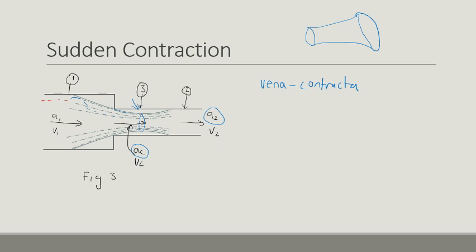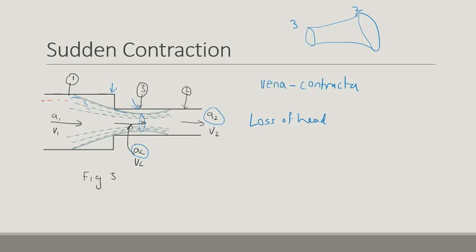Using the equation for loss of head that we derived earlier, the loss at this point during convergence is very negligible compared to the loss that occurs due to the expansion from section 3 to 2. So we consider this sudden contraction as an expansion.